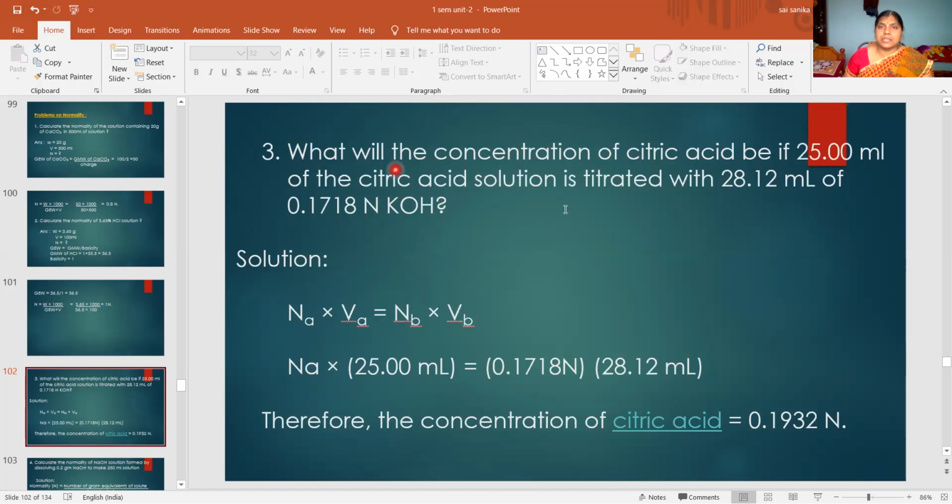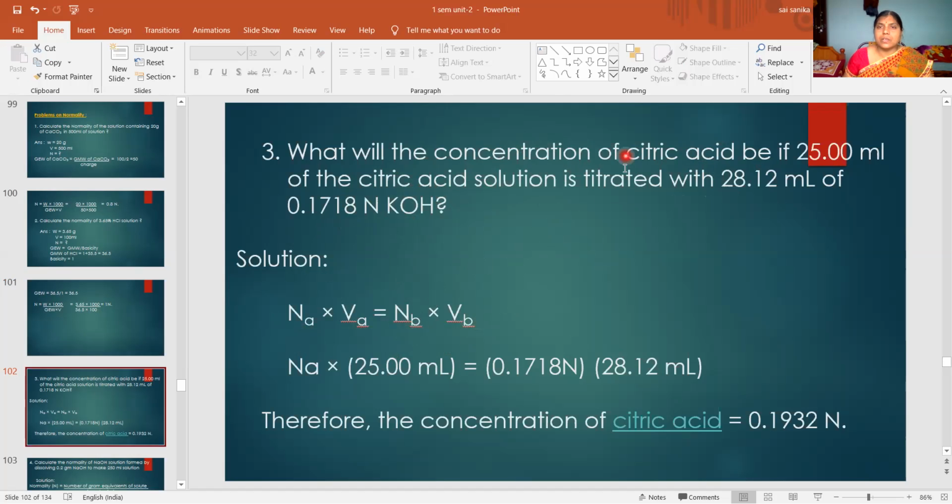Here the titration reaction is taking place between acid and base. For acid base reactions, what is the formula? N1V1 is equal to N2V2. First terms are acid terms, second terms are base terms. That's why we are taking NaVa, NbVb.